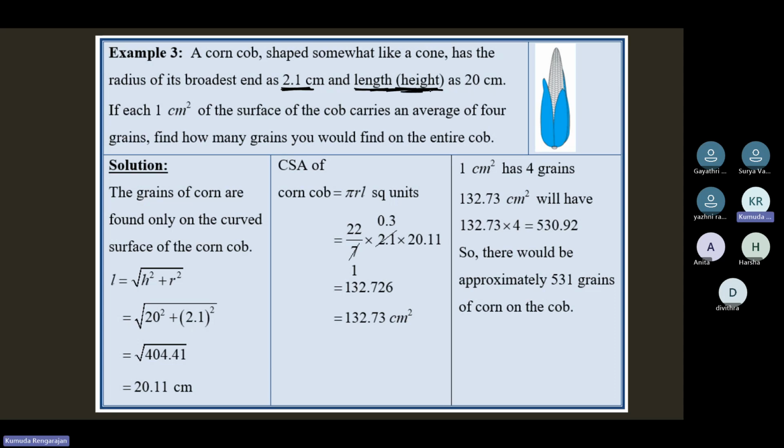If it's given simply height, it's always H, not L. So radius is given and H is given, 20, but we need R and L. So we'll have to find L using the relation, L is equal to root of H square plus R square, 20 square plus 2.1 square. Then you'll have to recall how to find the square root of 404.41, 8th standard, by the long division method, and you get 20.11.